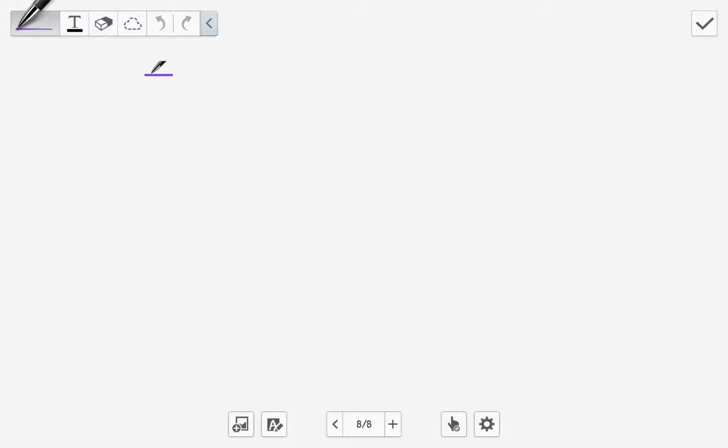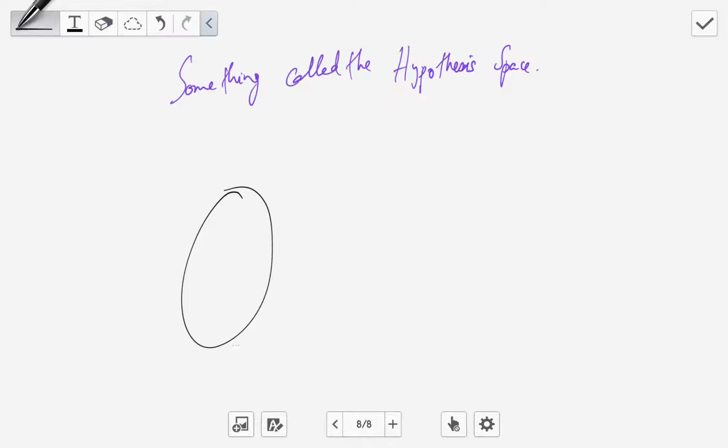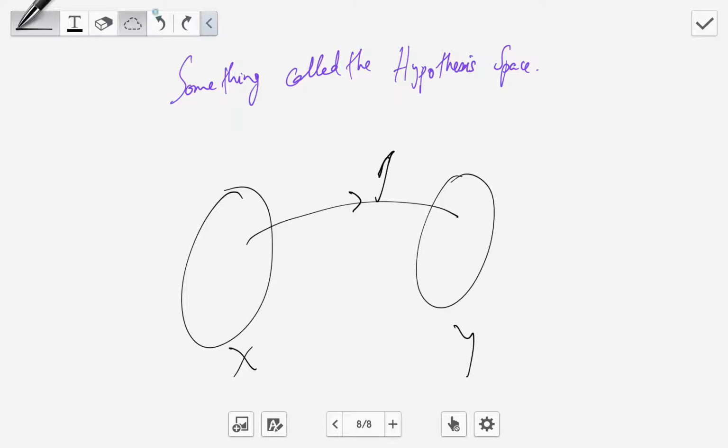Now we have something called the hypothesis space. Now this f that we are calling it here, say this is your x and this is your y, right? And there is this f here. Fine.